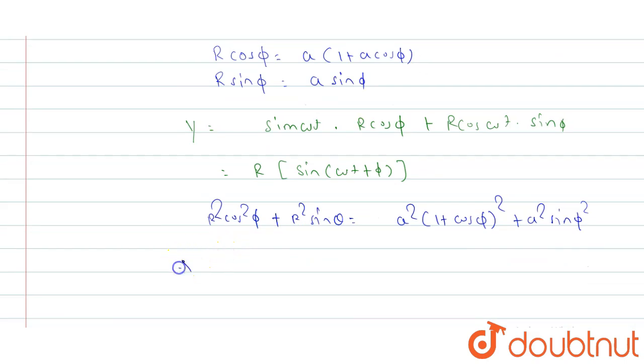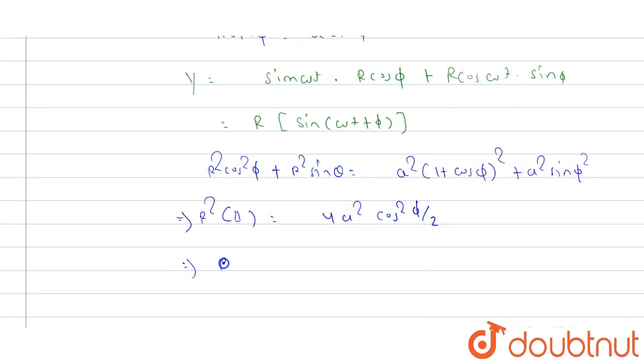Now students, taking R square common here, cos square phi plus sine square phi is 1, and from this we get 4A square cos square phi divided by 2. That implies students, we get R square is equal to 4A square into cos square phi divided by 2.